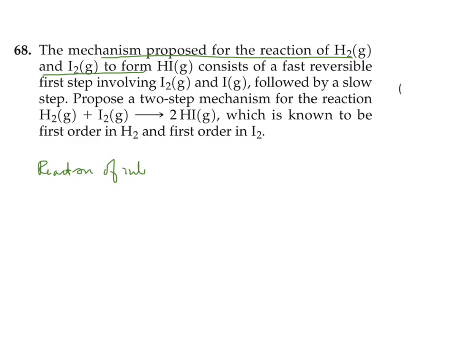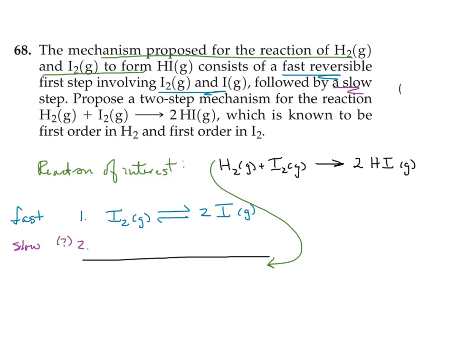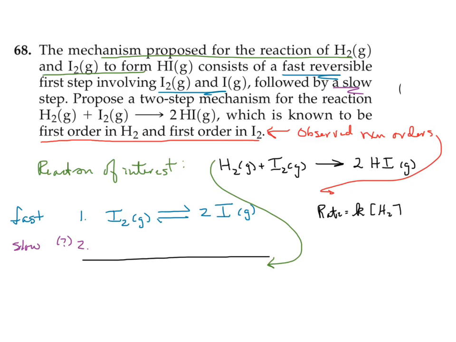The second problem looks like this. Okay, your reaction of interest is H2 plus I2 goes to form 2HI. It tells you it's got 2 steps. The first one is fast, an equilibrium, I2 going to form 2I. You're going to have to come up with the second elementary step. Of course, you have the reaction of interest.